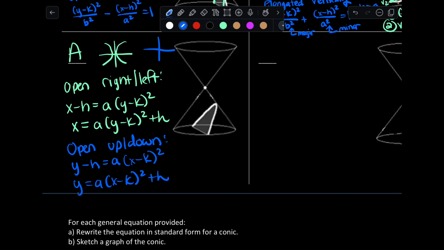So this is when the parabola is opening upwards or downwards. And again, the vertex is going to be on the edge of the double-napped right cone. So for parabolas, we will find the vertex, which is (h, k), and we will determine which way it opens.